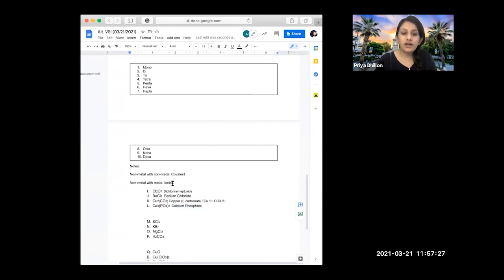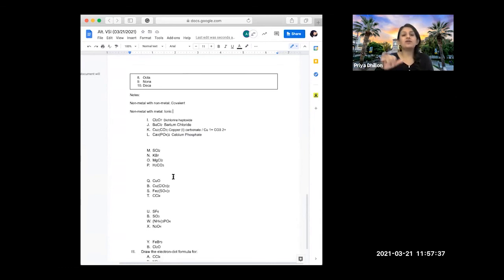And then for ionic, make sure you have your periodic table handy and you know which line corresponds to which charge, right? And also have your polyatomic chart handy for when you're working with polyatomic ions.